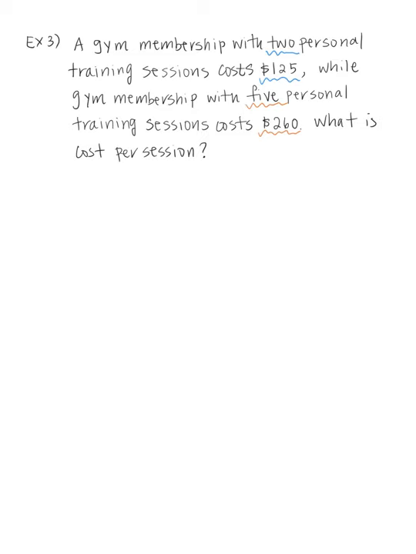So let's write this down mathematically. How am I going to label this? I'm just going to denote our (x, y), where x is the number of sessions and y is going to be the cost of the sessions.